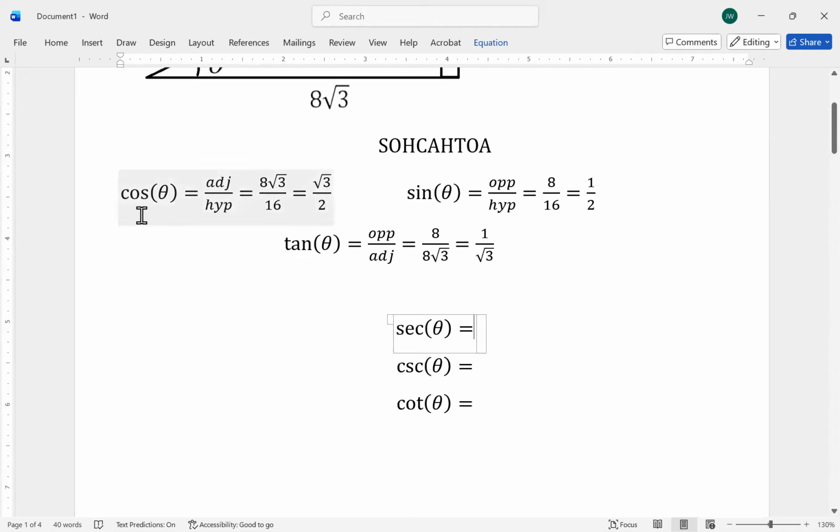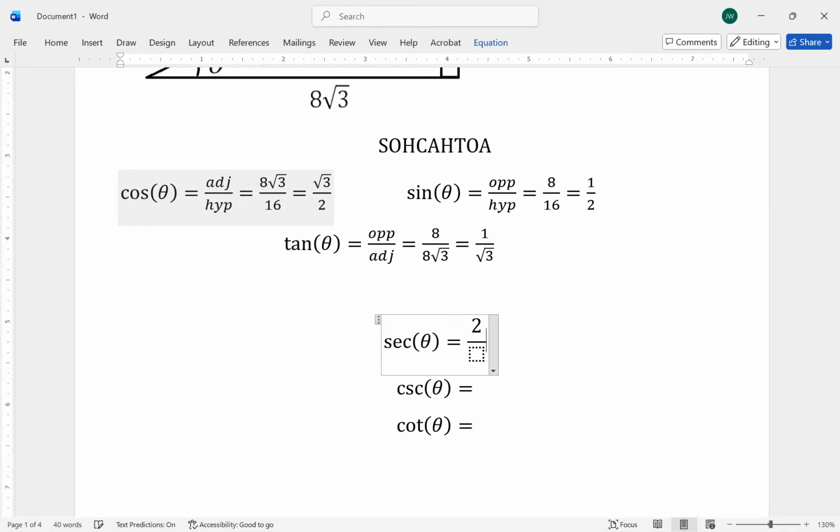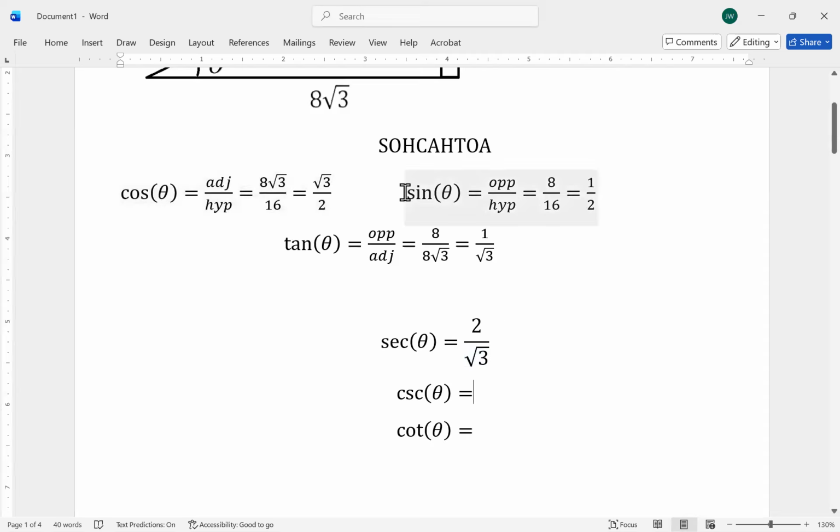Remember that secant is 1 over cosine of theta, so we just take the reciprocal of root 3 over 2, which is 2 divided by square root of 3. Cosecant is the reciprocal of sine, so we get 2 over 1 for our cosecant, so we get 2. And cotangent is the reciprocal of tangent, so that is the square root of 3.